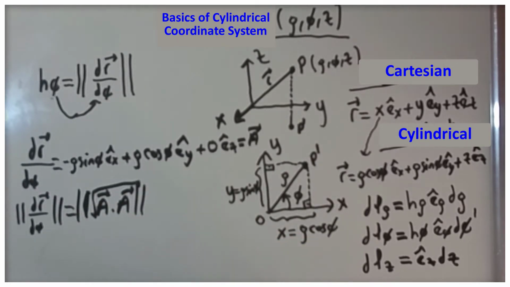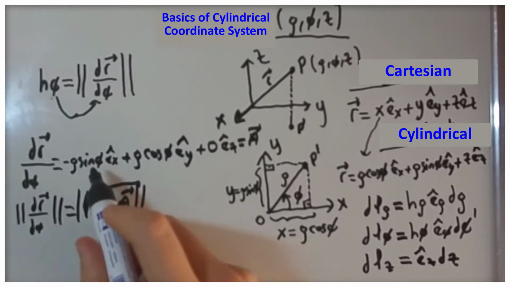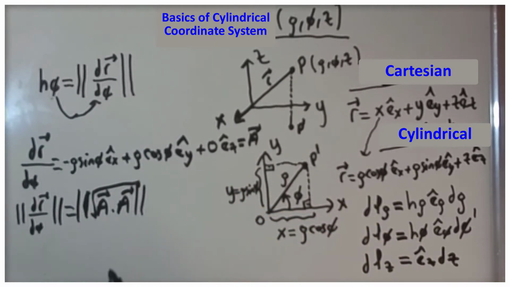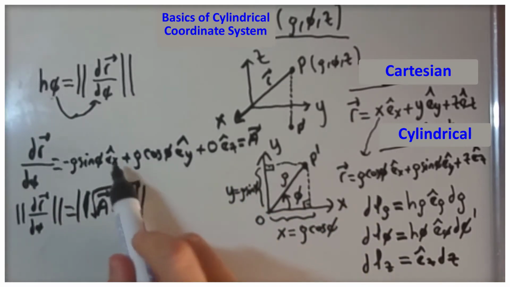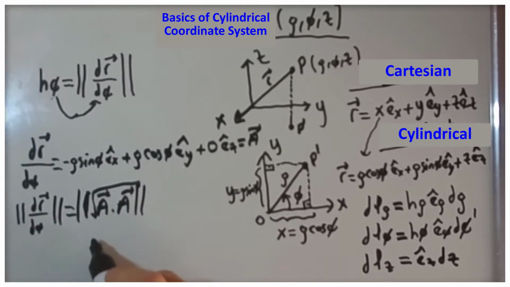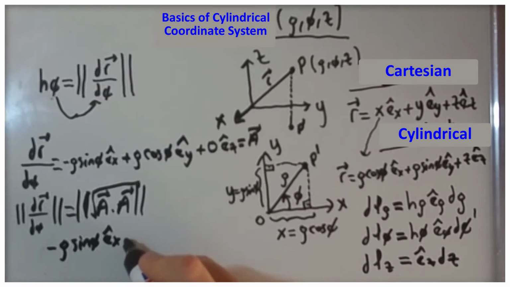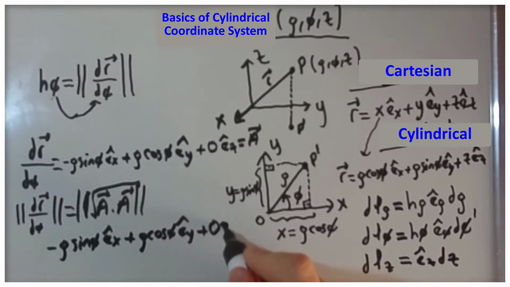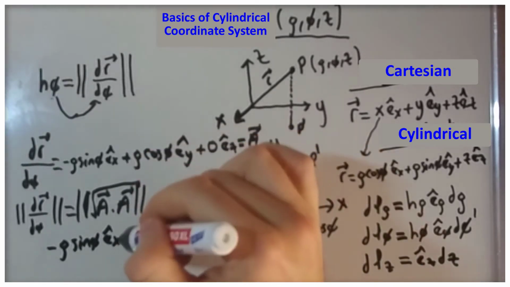Imagine that I multiply this by itself. At this point, we need to know that the mutual products come in, guys. So I multiply minus rho sin phi ex plus rho cos phi ey plus 0 ez by itself.